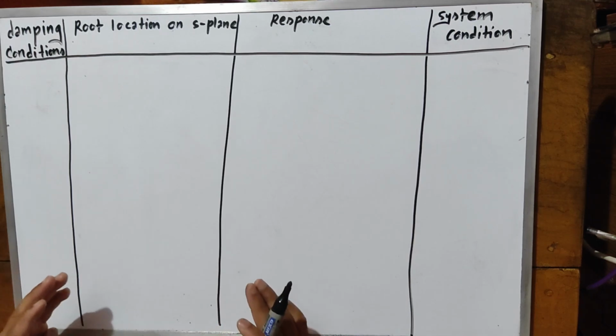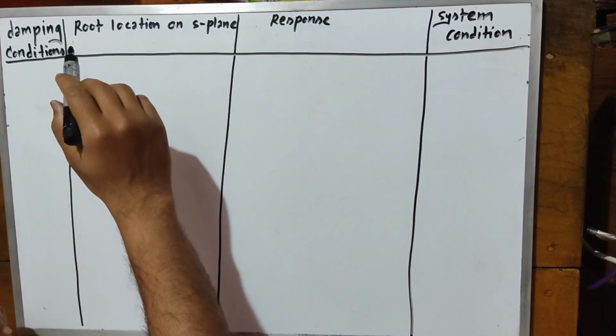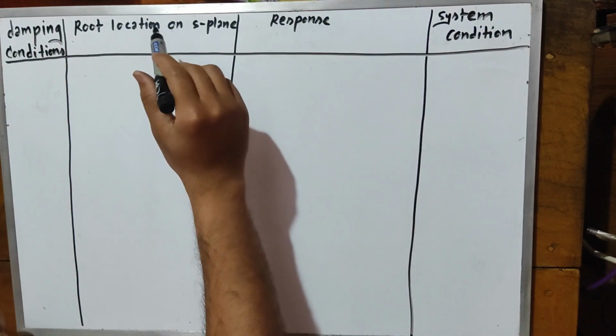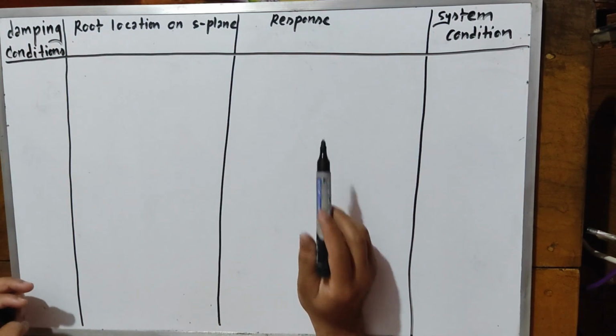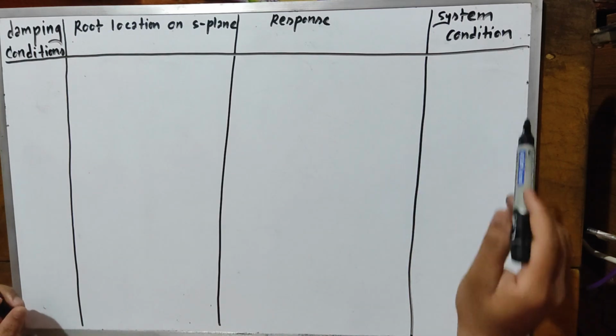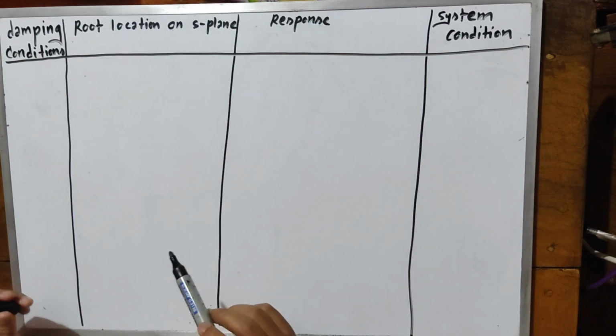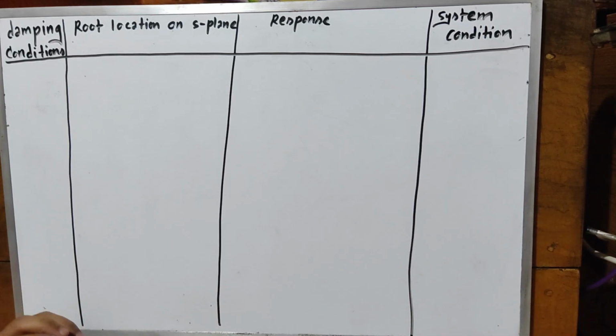The next column is about the root location on the complex frequency plane, and I'm going to see the response of the system. After seeing the response, in the rightmost column I'm going to write down the system conditions.